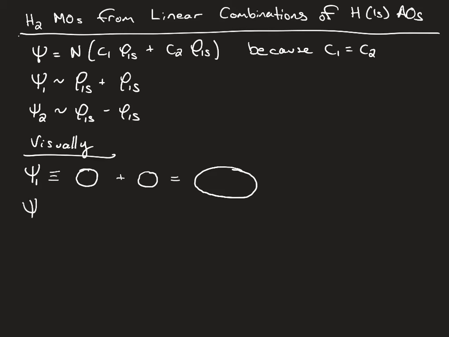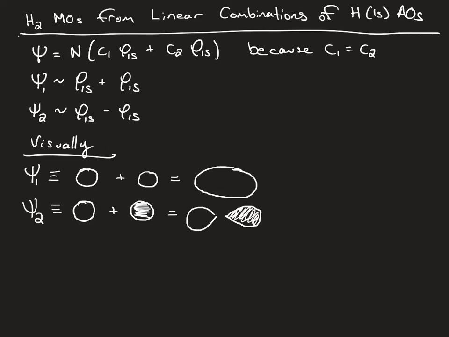When we look at psi2, what we're doing is we're taking a 1s orbital and we're adding together a 1s orbital that has the opposite phase of that s orbital. This is the same thing as subtracting that in-phase 1s orbital. And when you do this, what you get is a molecular orbital that looks like that.